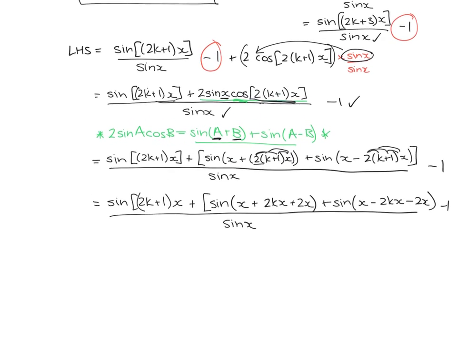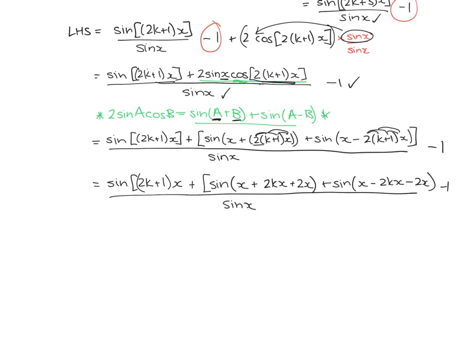Now let's go back, keep going. We're not even going to know what we're needing to look for in a second. So that's going to be sine (2k plus 1)x. I should have a bracket around it there. Plus, what have we got?